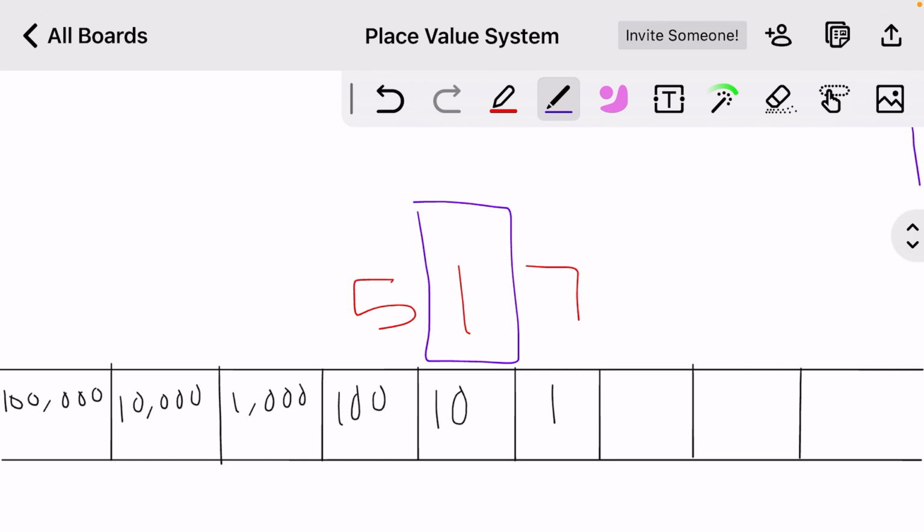The same rule applies as in the ones place. So we assign a digit 0 through 9 in that place. Excuse me. And whatever digit is assigned to that place lets you know how many groups of 10.